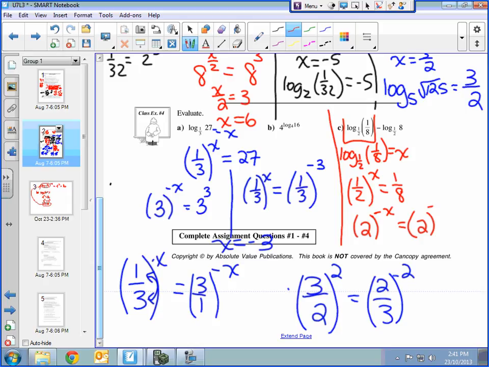Negative 3. Thank you. 2 cubed is 8. So what is x equal to? Negative x is equal to negative 3. So positive x is equal to positive 3.